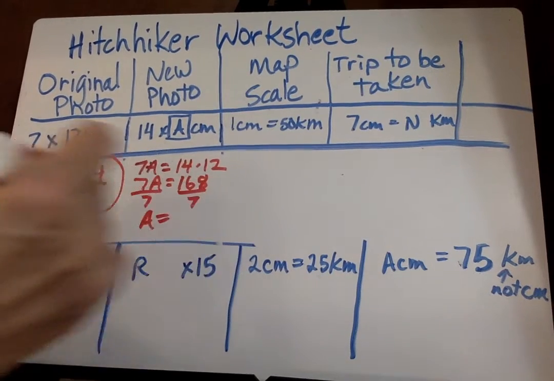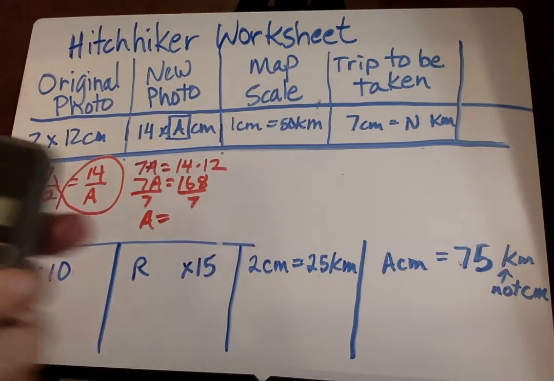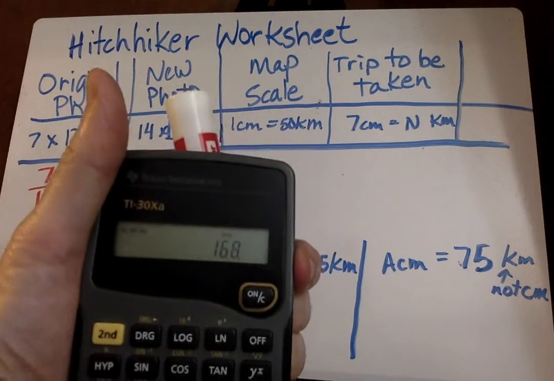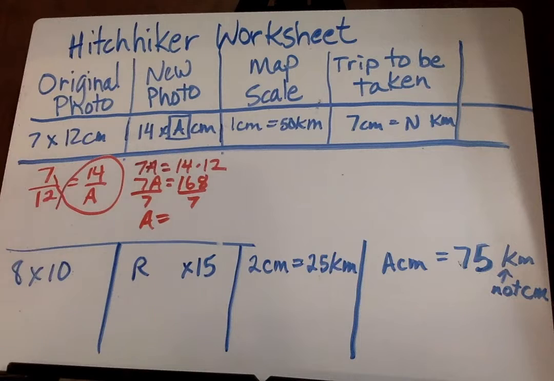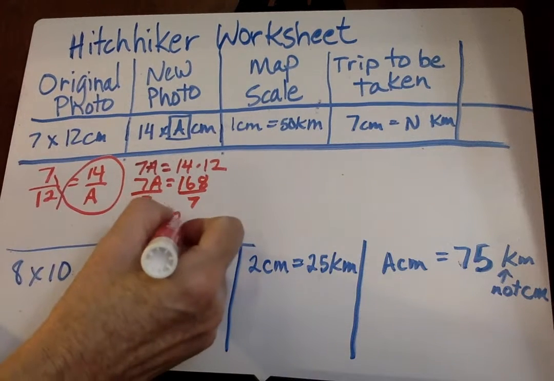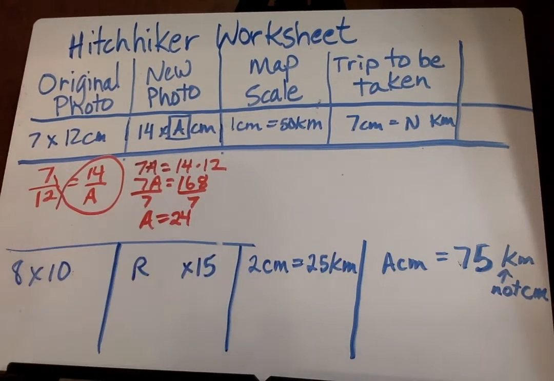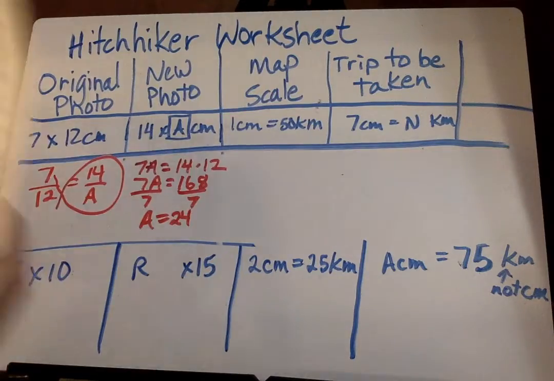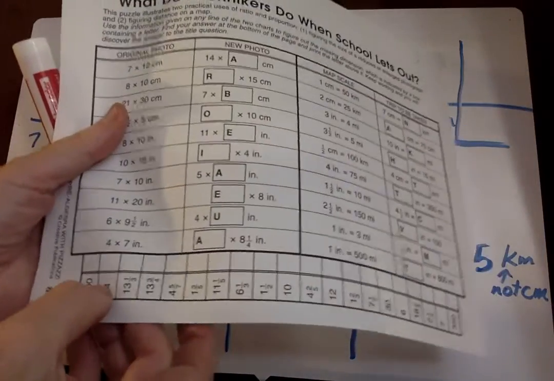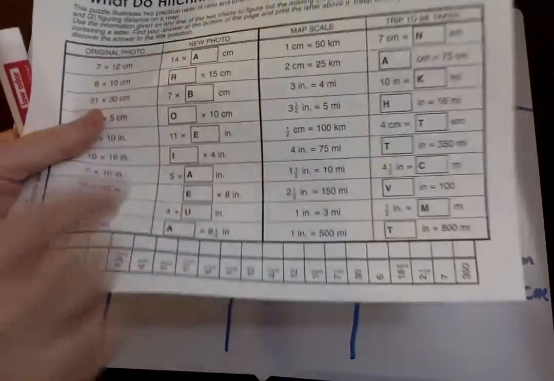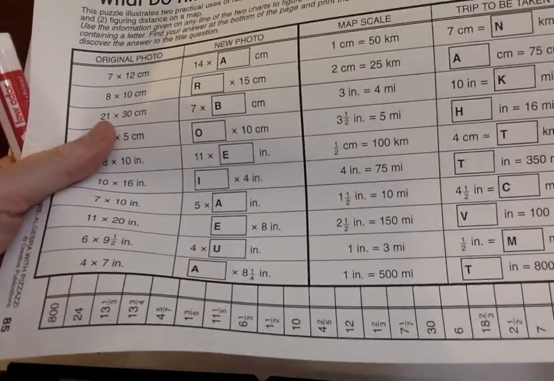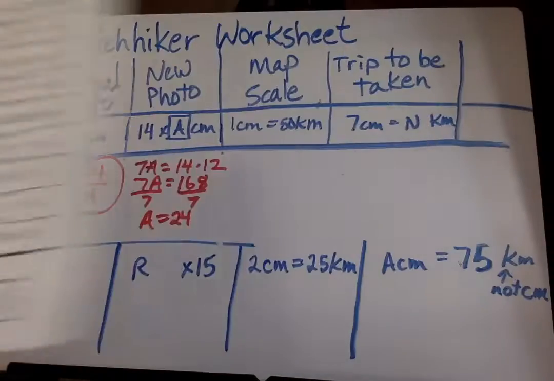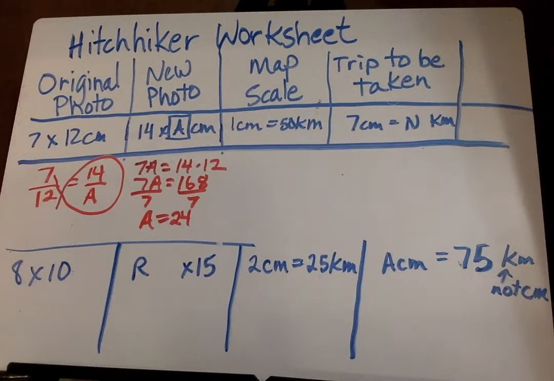A equals, so I can keep that same number and just divide by 7, and A is 24. Okay. So then I look down at the bottom, wherever there's 24, I put A in right there. So I put A right there. And that's the only 24, so we only write it once.